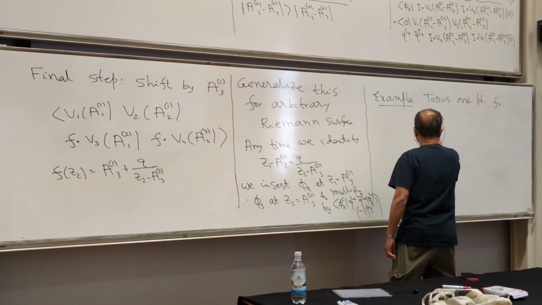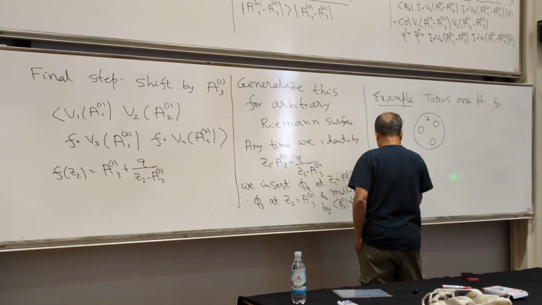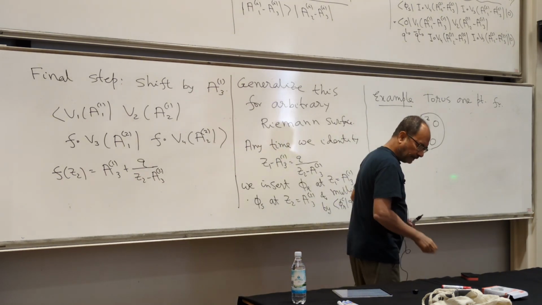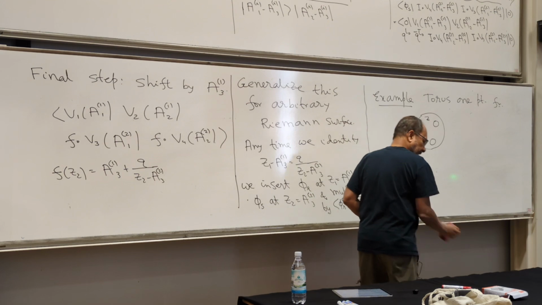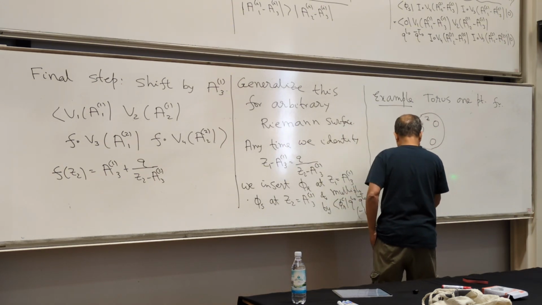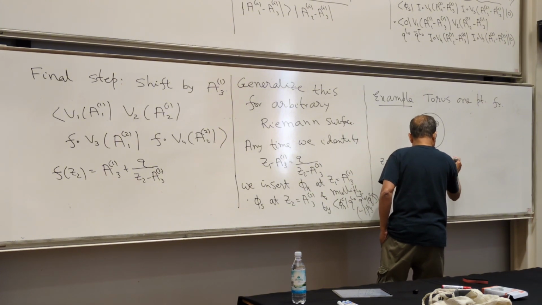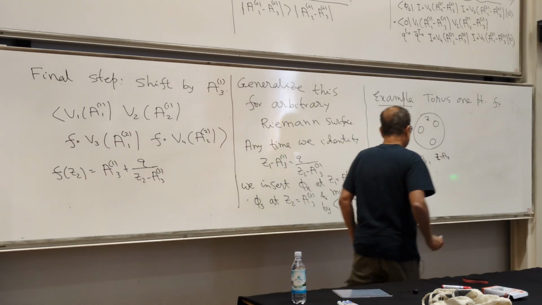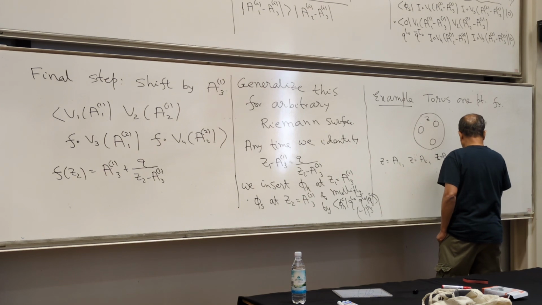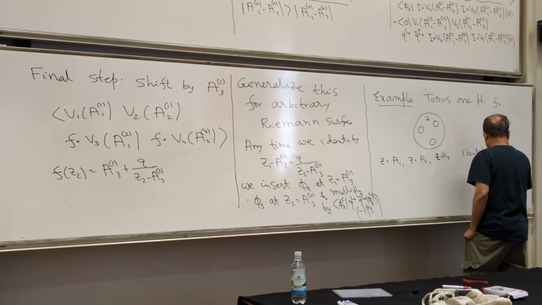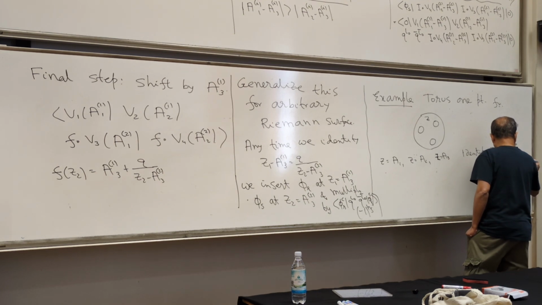So let's call this a z plane. And so the holes are around z equal to a1. Let me not even write 1 or 2 because this is a single sphere. So these are the points around which you make the holes, and identify z minus a1 as q over z minus a2.